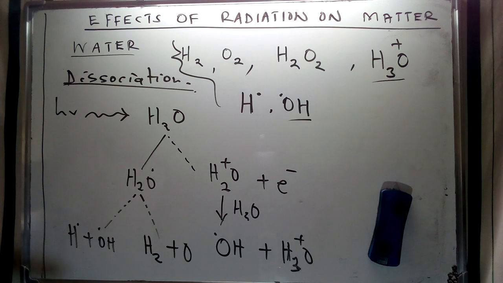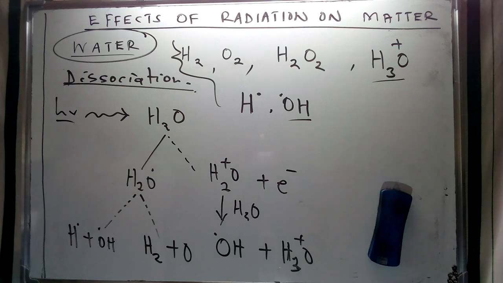And therefore we can give this schematic diagram of the interaction between this radiation and water, as one of the examples of the liquids that we mentioned in our earlier discussion.